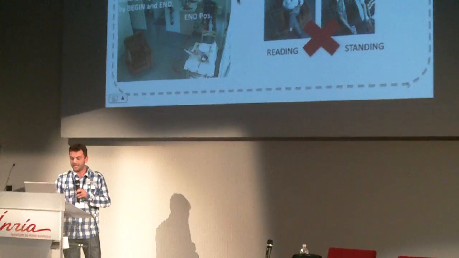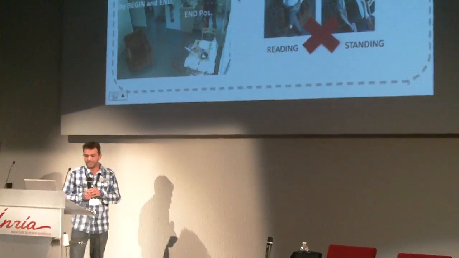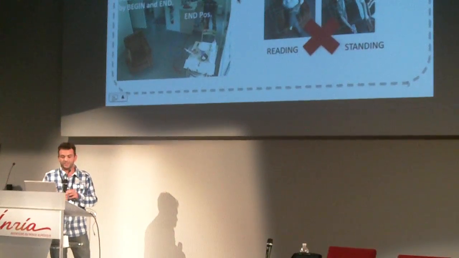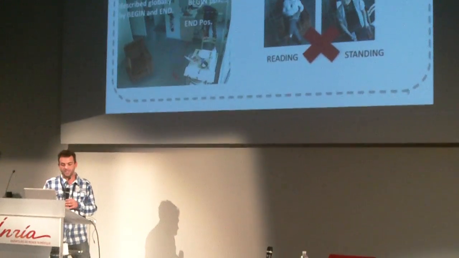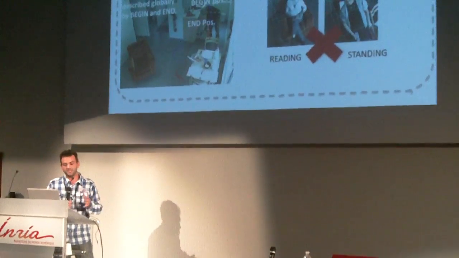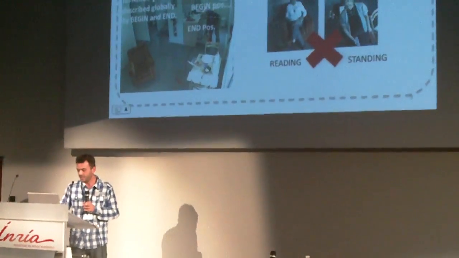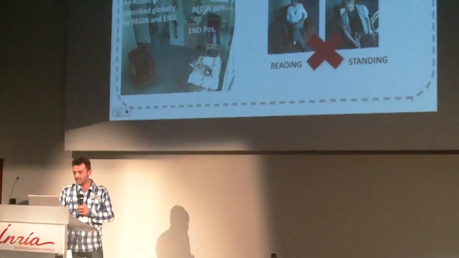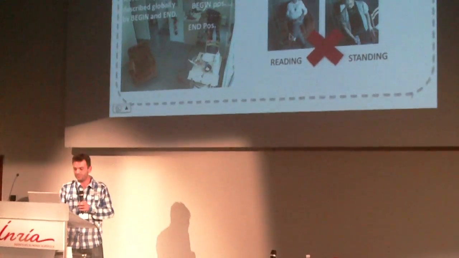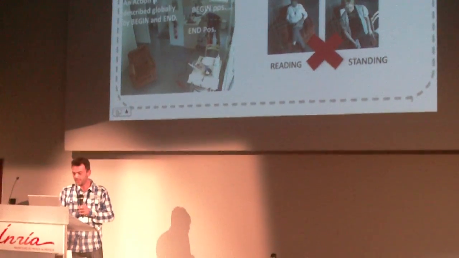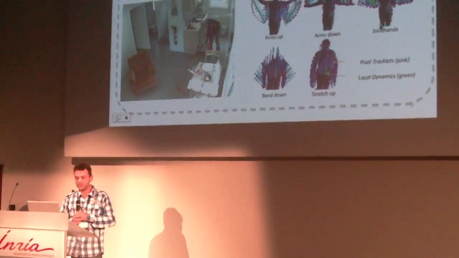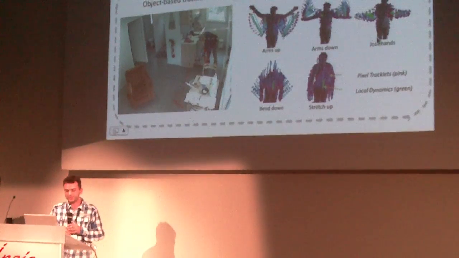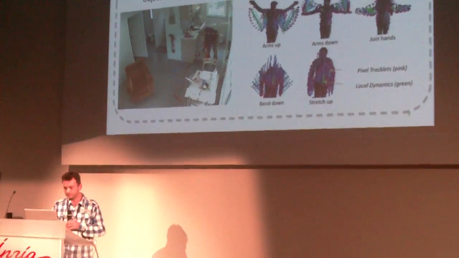But the problem with that is that when an activity is taken at a very particular, same location, it's not possible with a global feature to differentiate between two different activities at the same location, as you can see here. Because of the camera point of view, it can be confused as the person reading or the person sitting there. So what we do is we add local features to the characterization of this chunk of video.